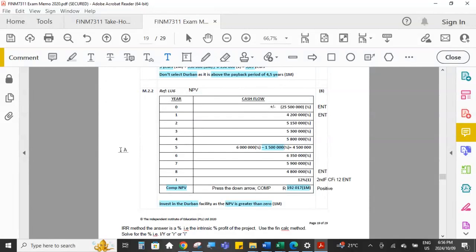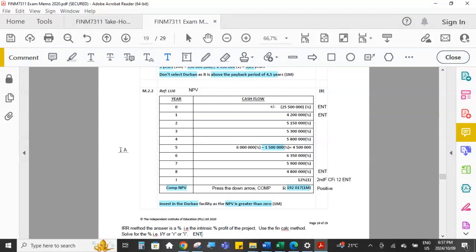You are then also going to press second function, CFI, and then you're going to go straight ahead and just press the comp button. And what the calculator will then return for you on the screen is a percentage. So in other words, we have solved for the internal percentage of the project.